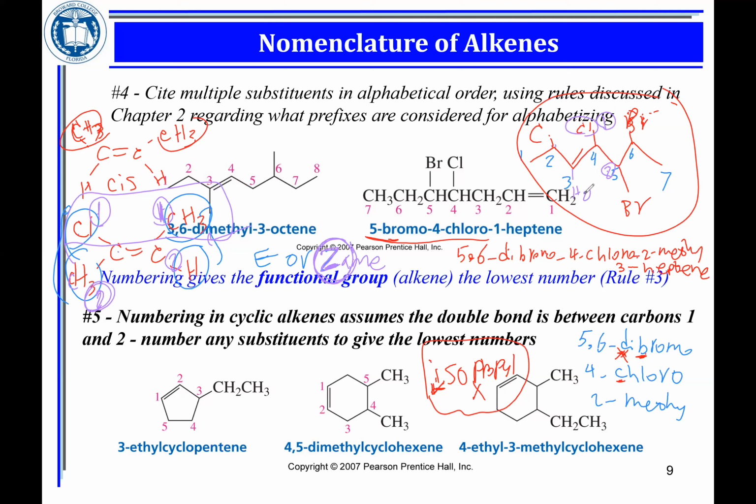Hydrogen is going to be 2. This carbon is going to be 1. Now we have same priority on the same side, and since there's only 1 double bond, you can just say Z.